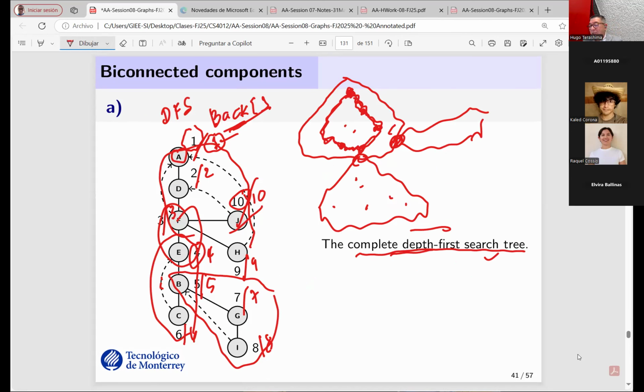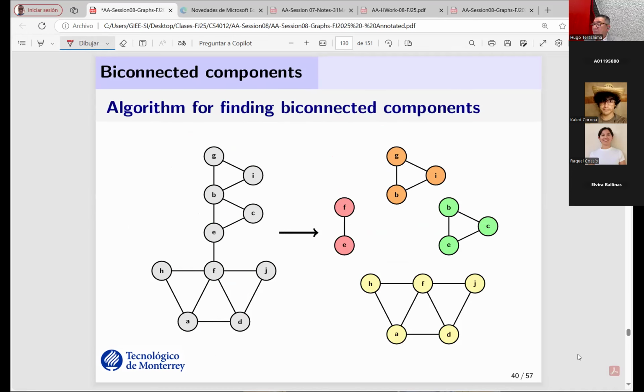Do you understand the first phase in which we find, you know, the complete depth first search algorithm in the graph, which is this, right? I think we started here, right? With the depth first.